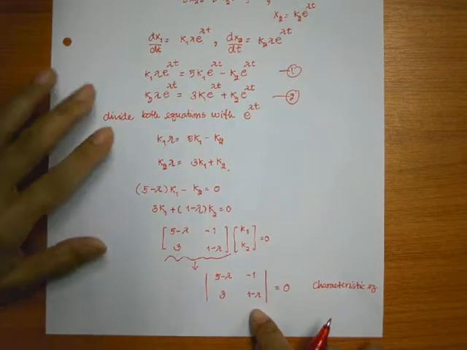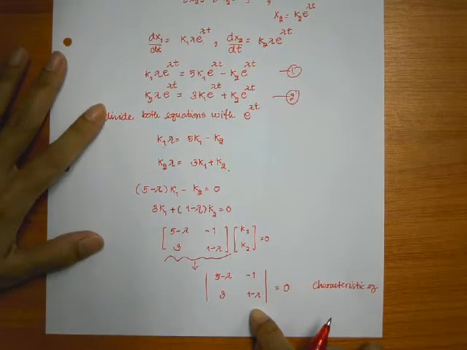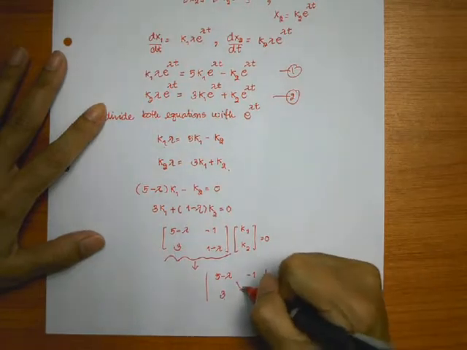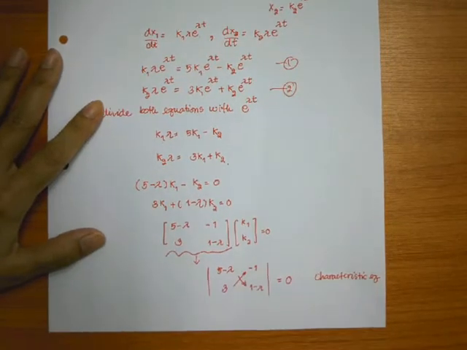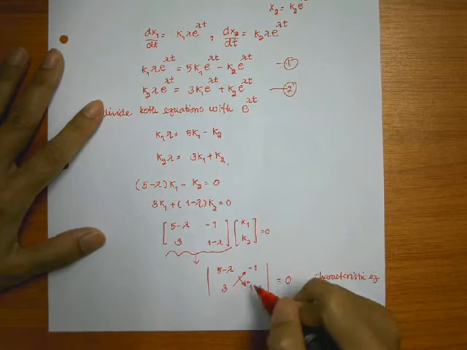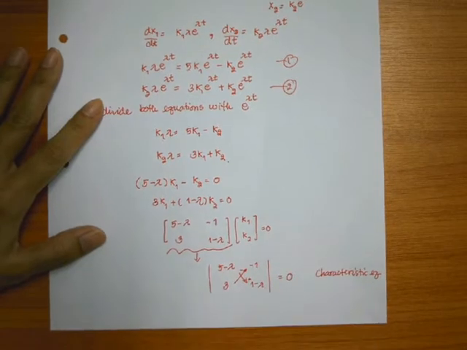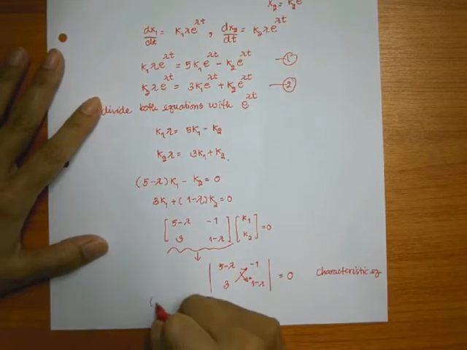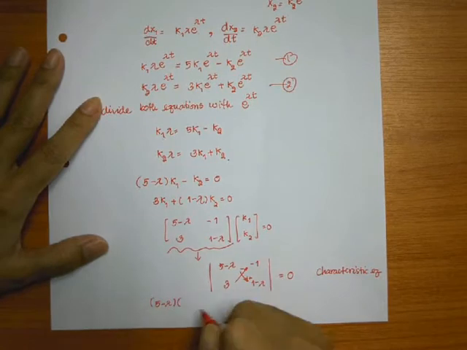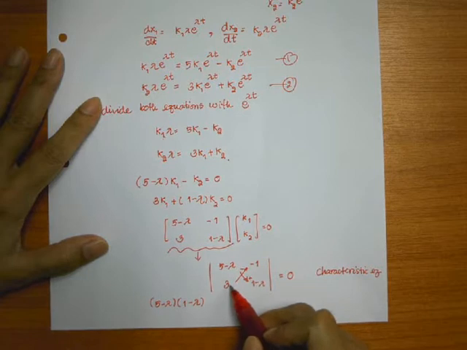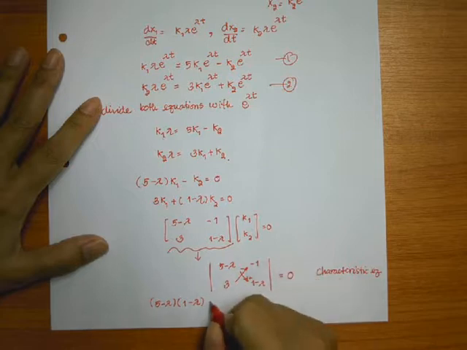Now, the determinant of a 2 by 2 matrix: we multiply going down, plus, and going up, minus, right? So we would get 5 minus lambda times 1 minus lambda minus 3 times minus 1, which is equal to plus 3.